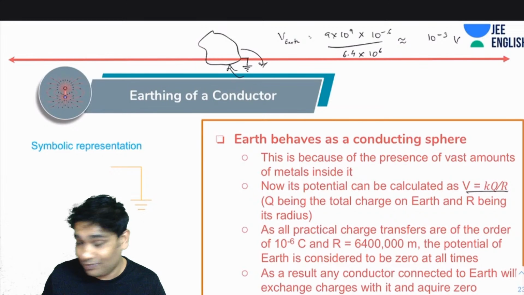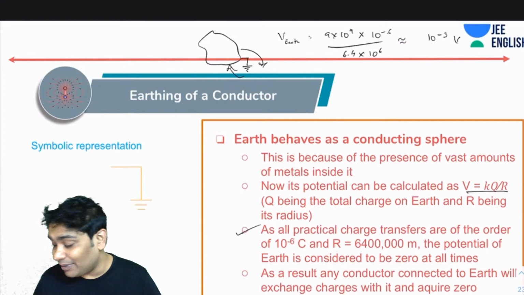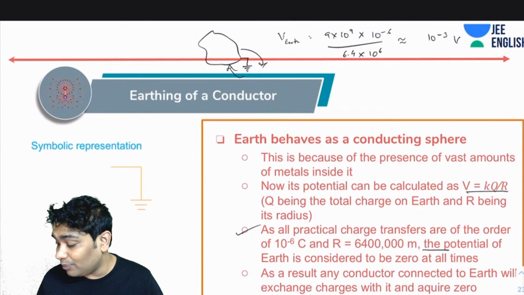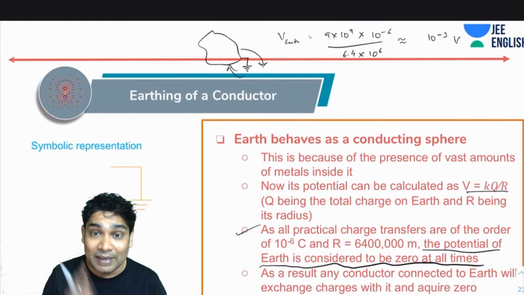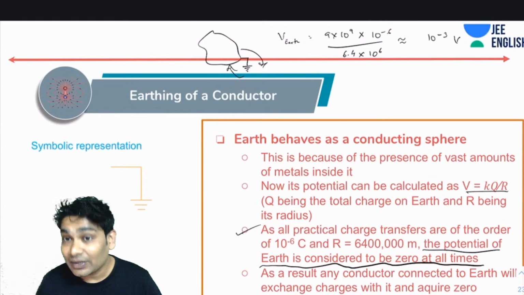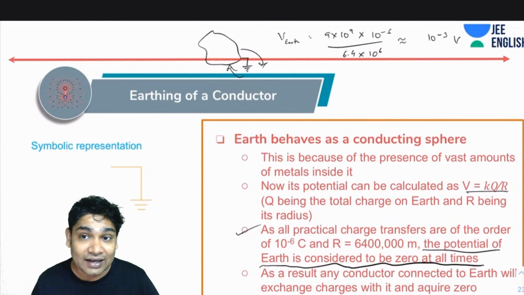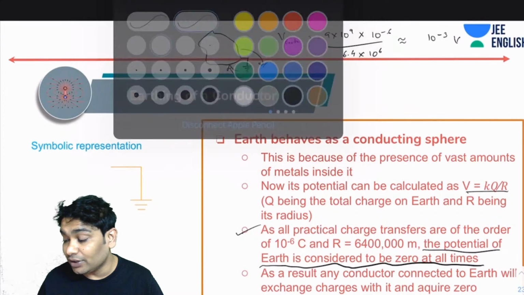Please remember this. So as all practical charge transfers happen, the potential of Earth is considered to be 0 at all times. So Earth is considered as a metal conductor which has 0 potential at all times. As a result, any conductor connected to Earth will exchange charges and acquire 0 potential. So this is one more thing that you need to know.